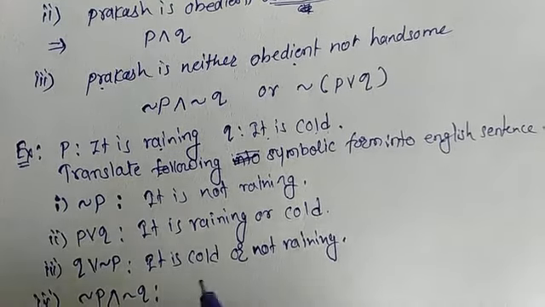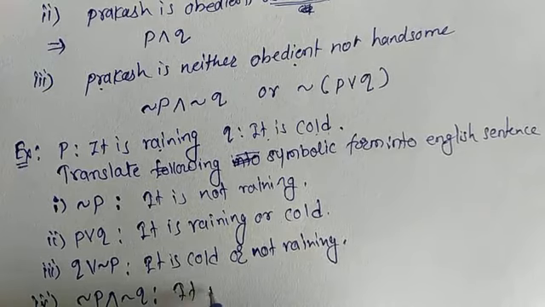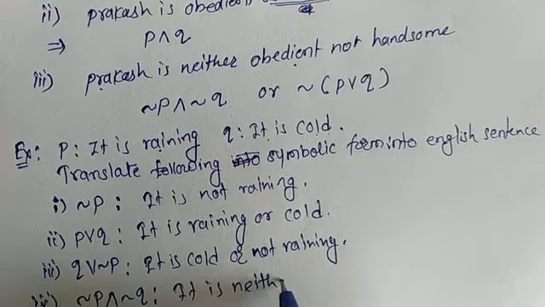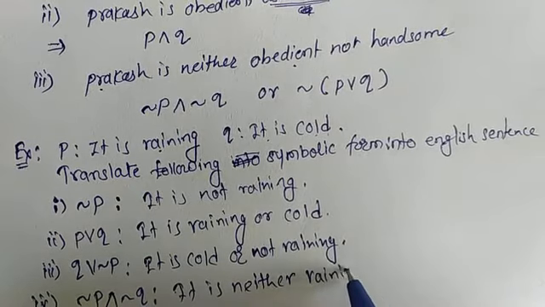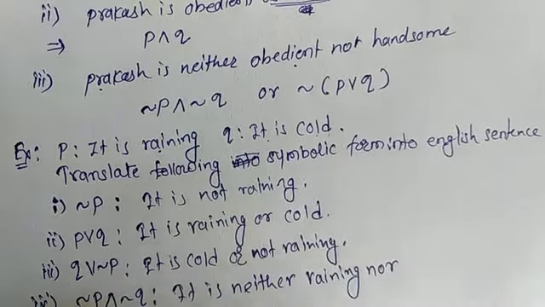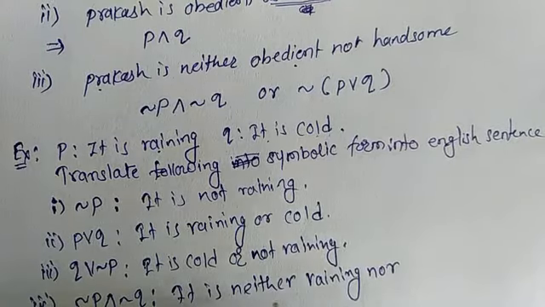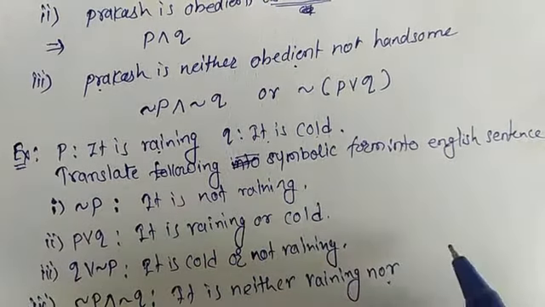Okay, next statement is negation P and negation Q. Here you have to write it is neither raining nor cold.